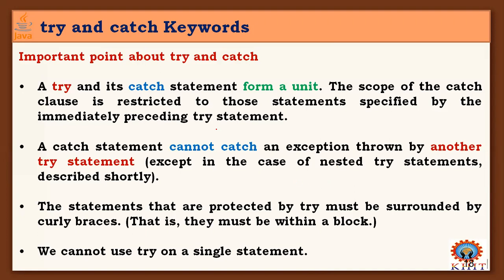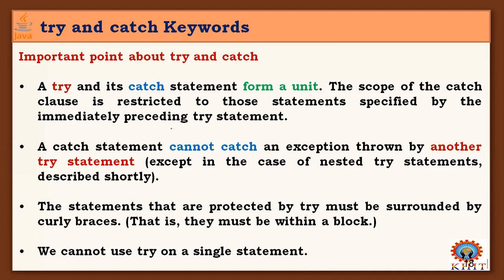That's why the first condition is given here. After the try block, you have to mention your catch block as a handler for exceptions thrown by the try block. But one catch statement cannot catch an exception thrown by another. Why? Because the catch is completely linked with its own try.